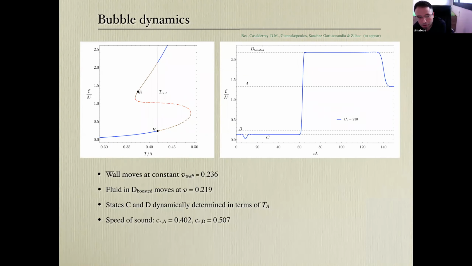That's the temperature at which you nucleate the bubble. Okay, and that's this energy density. And you also choose B somewhere here. You assume you nucleate a bubble with something inside. It could be the same temperature if you want. Okay, so that's your B. But then you let the system go, and this B will change dynamically to C, regardless of where B started. It doesn't matter. It will always go to the same C for a given A.